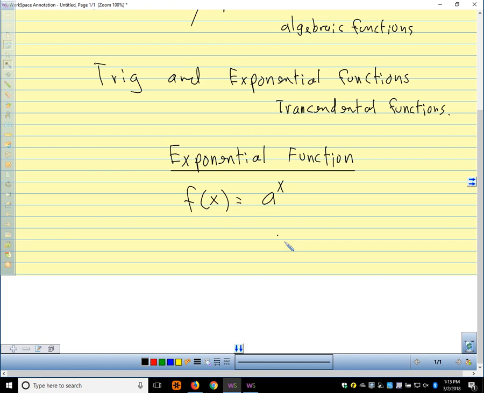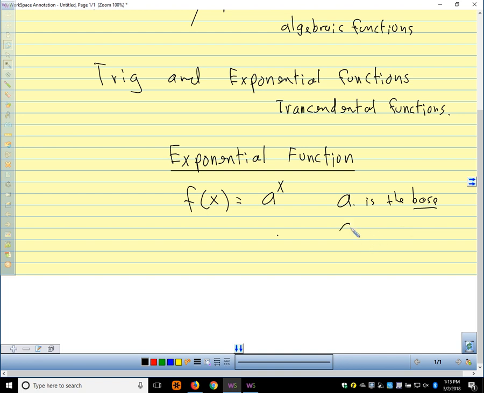Just to contrast it with a polynomial: with a polynomial we were raising x to powers. Now we're using our variable as the power. We call a the base of our exponential function.